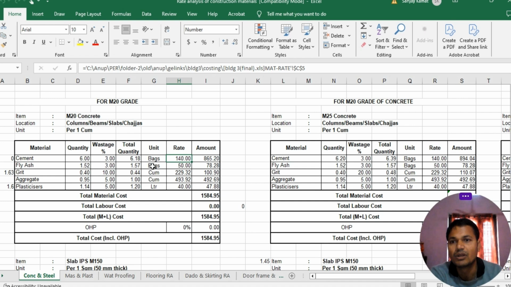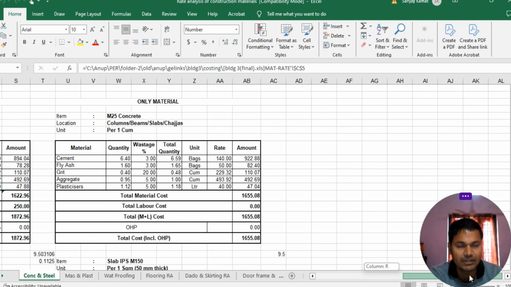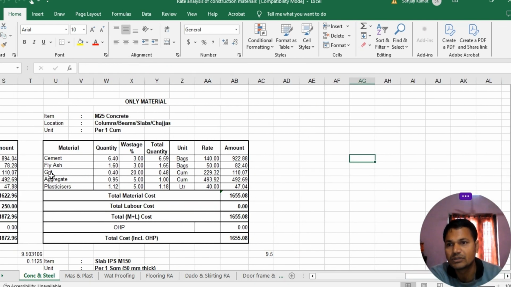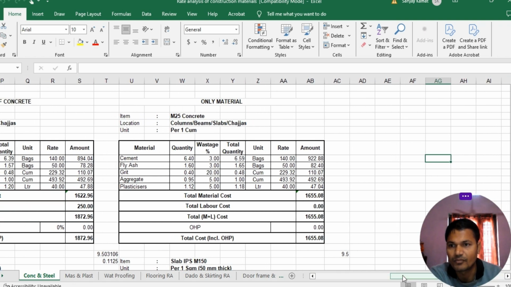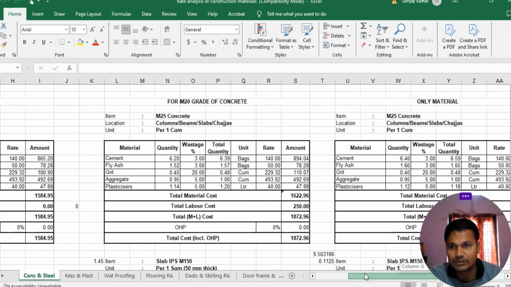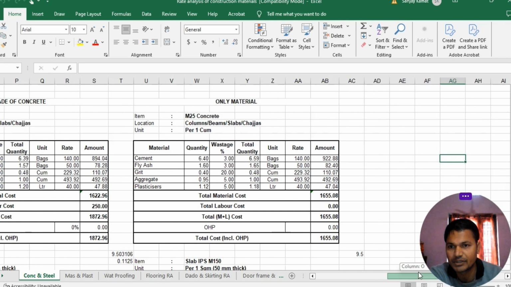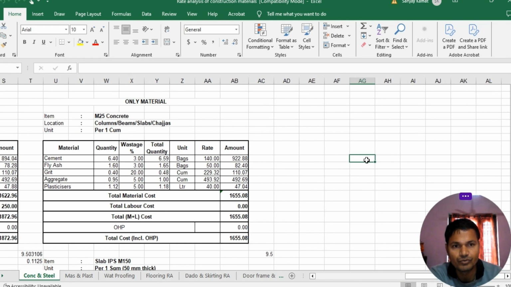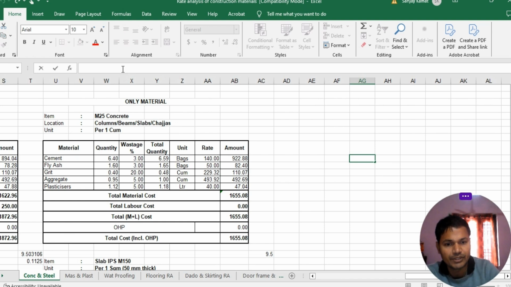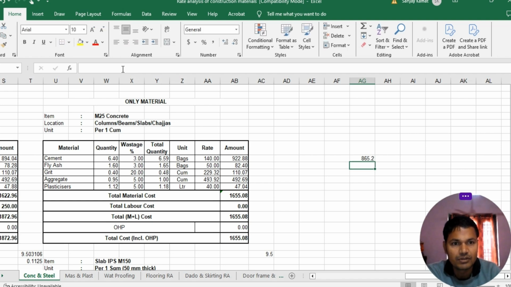So 140 into 6.18, if you do it on the calculator, what is the total?